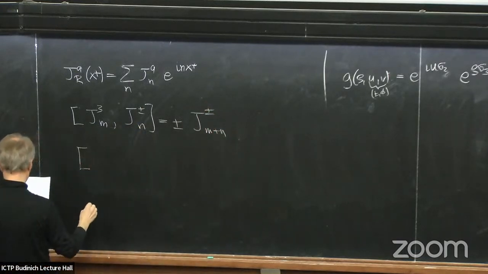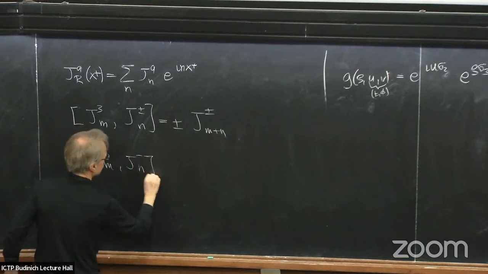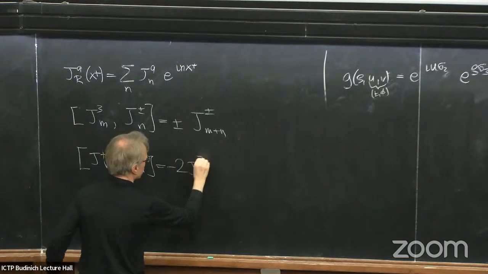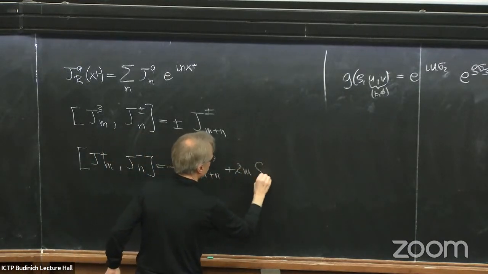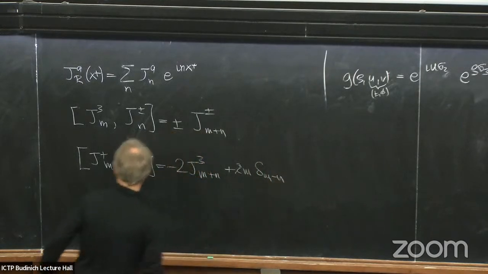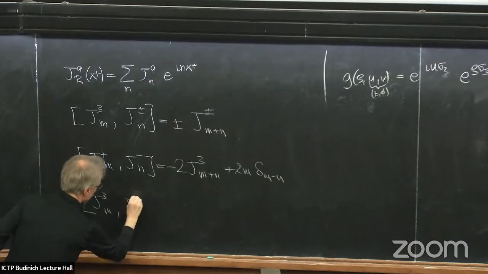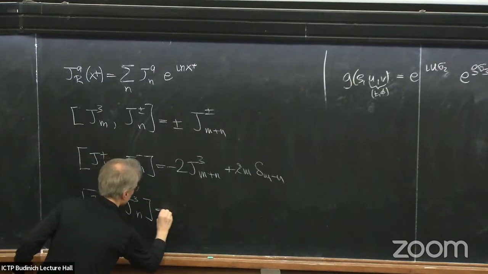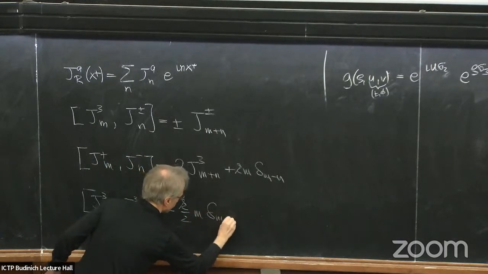And then we have j plus with j minus, minus 2 times j3, plus k times m times delta m minus n, and then j3 with itself is equal to minus k over 2 m times delta m minus n.